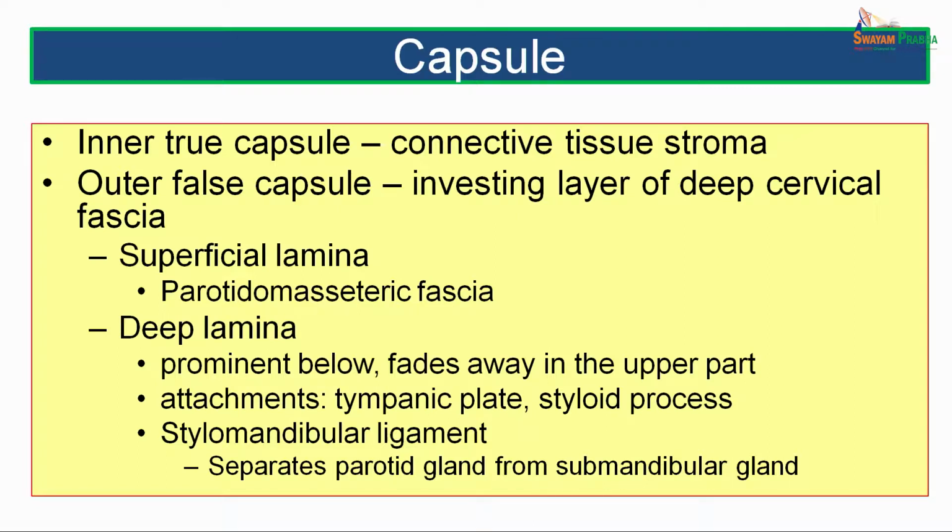The deep lamina is prominent below, while if you trace it superiorly, it fades away or thins out in the upper part. It is attached to the tympanic plate and the styloid process. It also contributes to formation of the stylomandibular ligament.